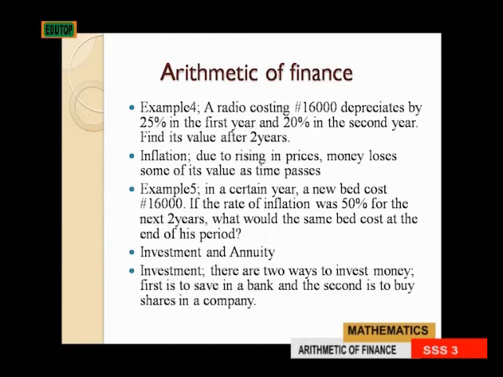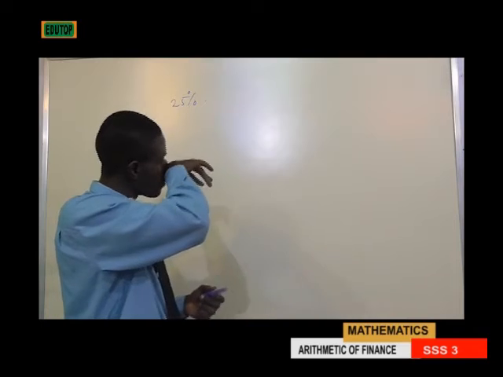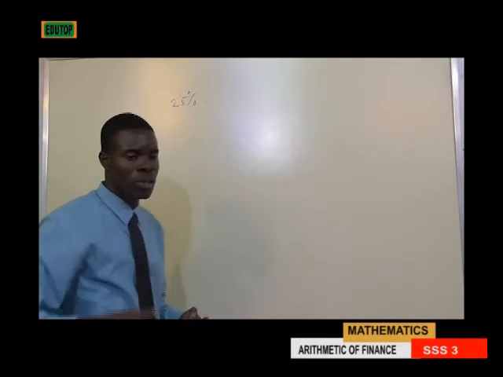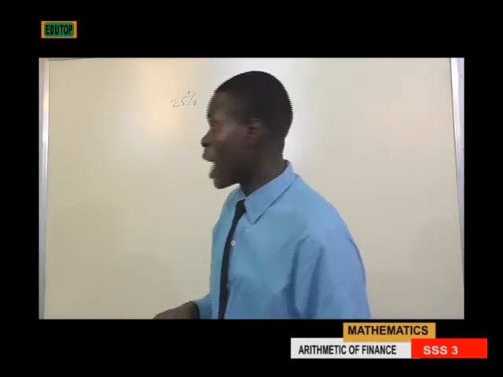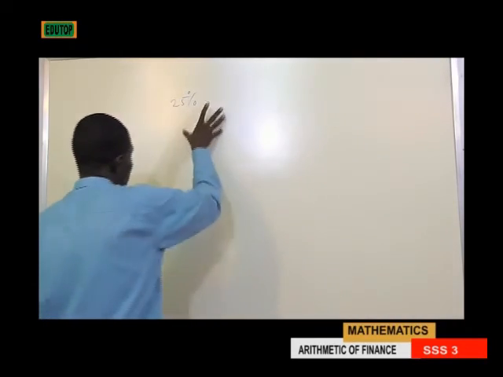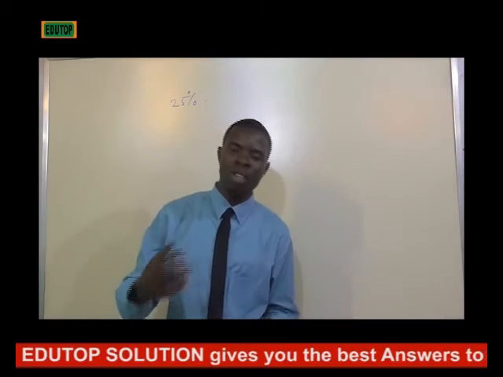So here we have the percentage of the depreciation has been given to us to be 25%. We can calculate this in 2 ways, but the easiest way of calculating this, since the depreciation has to do with loss in value, is that if you have this, you assume that for a perfect system, you have 100%.